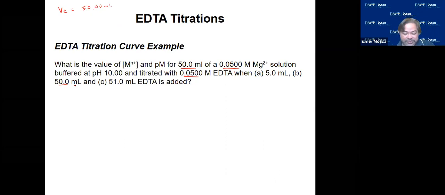Now the question is, how are we going to solve this? So 5 mL. So this is equal to what? Whatever the metals that we have here.